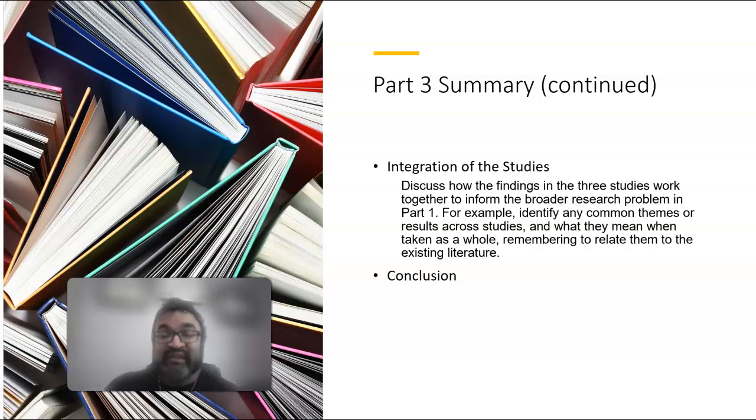And then at the end, this is not part of the proposal, this is part of the final study. You discuss how the findings in the 3 studies work together to inform the broader research problem. I know that for those people that haven't been through the process or are not ready, this might be too much information, but regardless, I've included this for those of you interested.